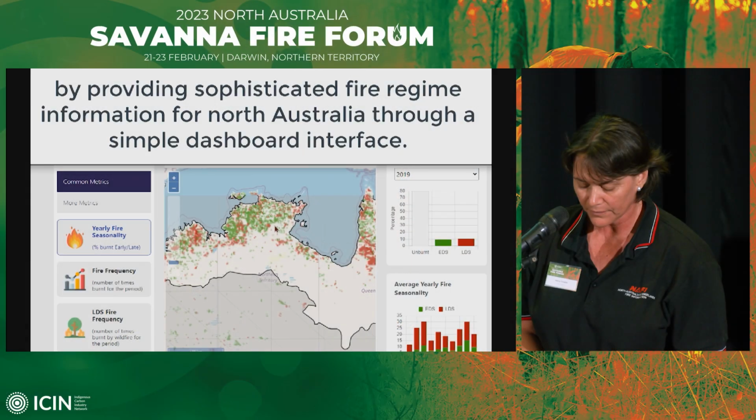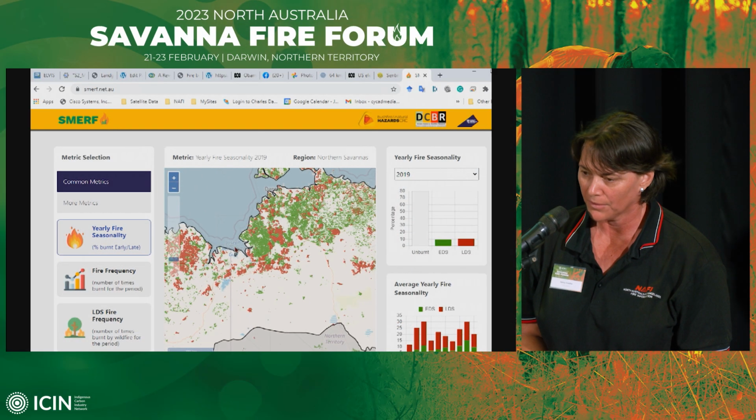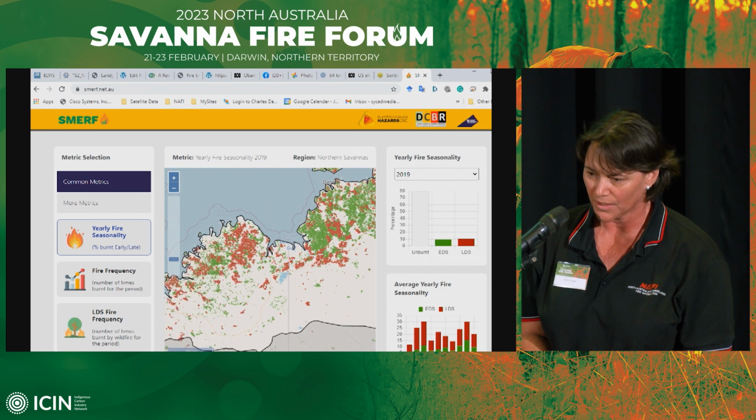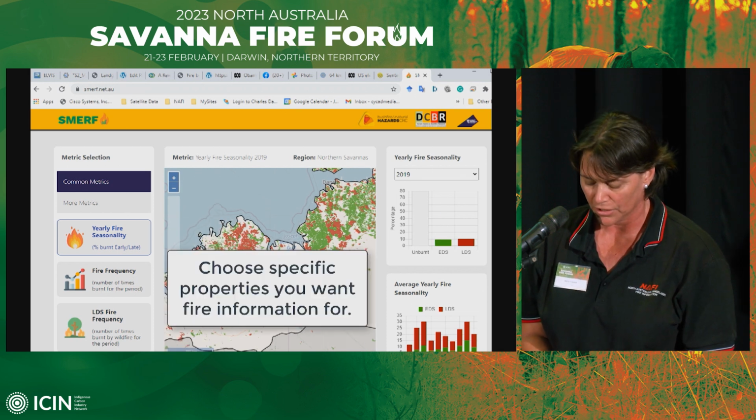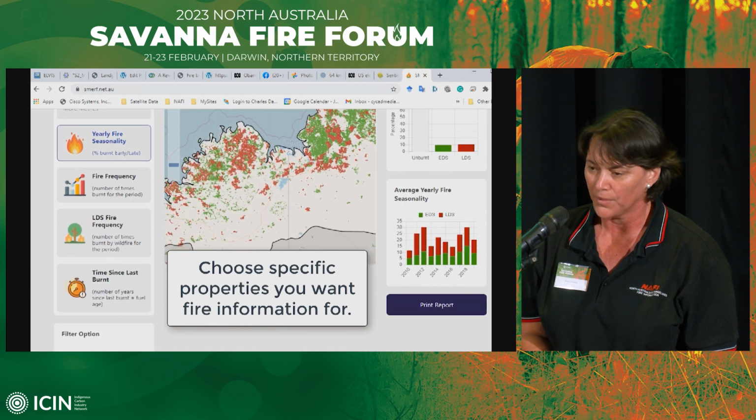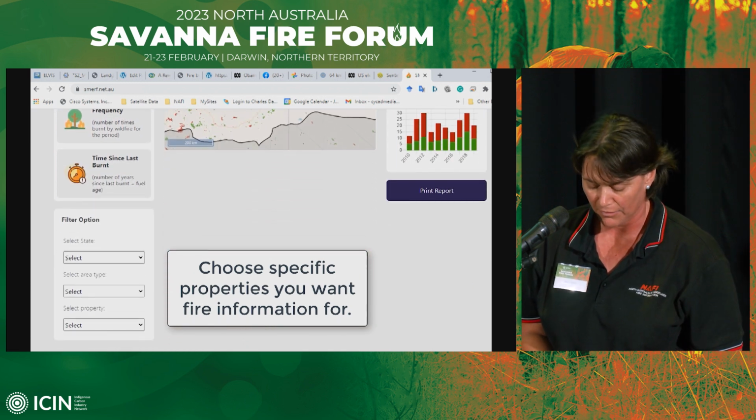So basically, you can explore the seasonality, early or late, over set time periods. And the dashboard will provide you with maps and graph information on that. There are 5 frequency metrics, both over 5 or 10 year periods currently, and it also covers the late dry season, showing the number of times burnt in a specific area.